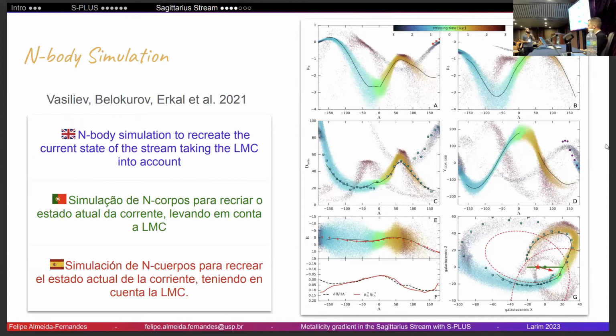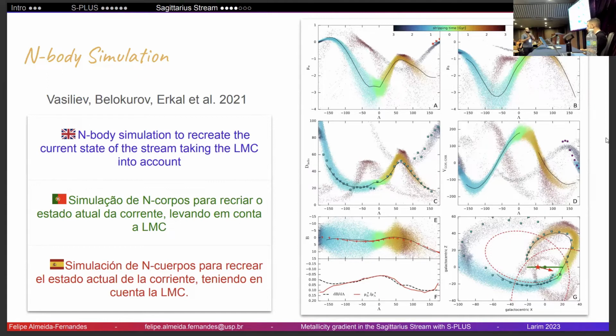And the next thing we did, we used N-body simulations from Vasiliev and collaborators. What they did was use a dwarf spheroidal galaxy, and then they predicted the interaction of this with the Milky Way, taking into account the Large Magellanic Cloud, and they were able to reproduce the current state of the stream, starting from a dwarf spheroidal galaxy.